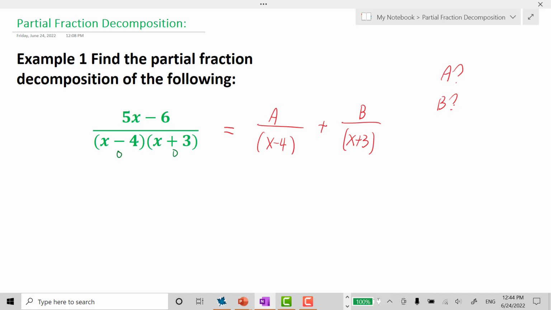Just figure out that. First of all, I'm just going to combine those two terms on the right using the LCD. So the LCD here is x minus 4, x plus 3. So simply copy down the left-hand side.